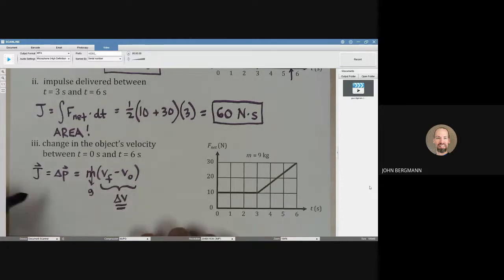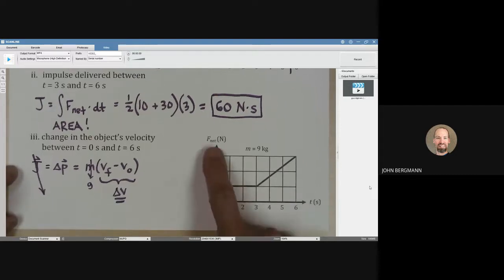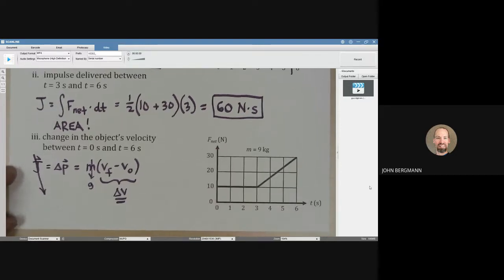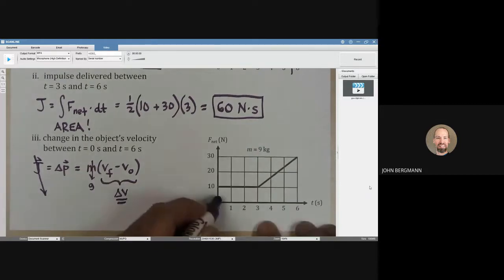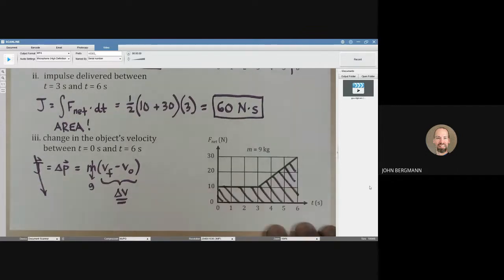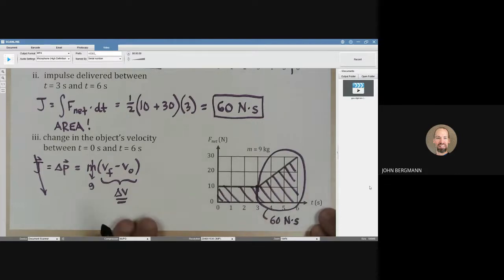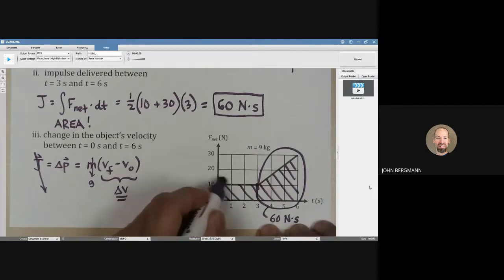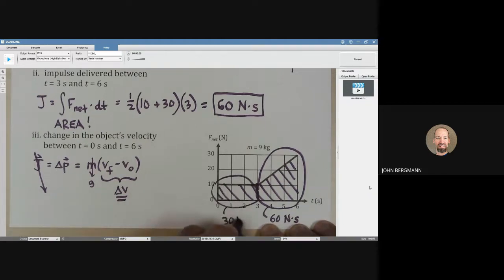Now, to get that, we need to know what the impulse is. Well, the impulse, as we just covered on a graph of force and time, is the area under the curve. The area under the curve from 0 to 6 is this whole area right here. We said just a second ago that that part of the graph had an area of 60 Newton seconds. Now we need to just add in this portion, and that should be easy. 3 times 10, so that's 30 Newton seconds.